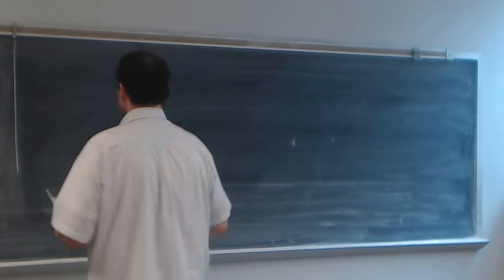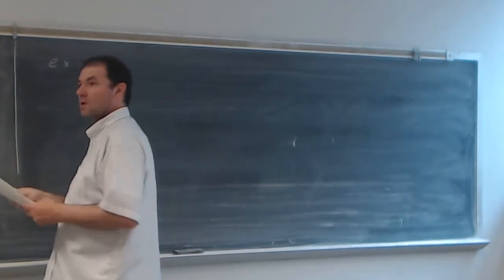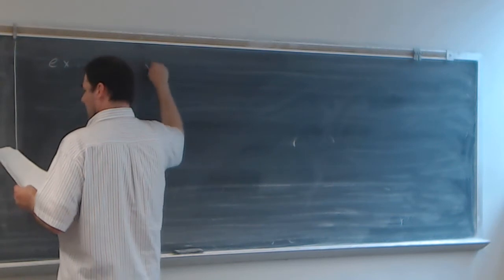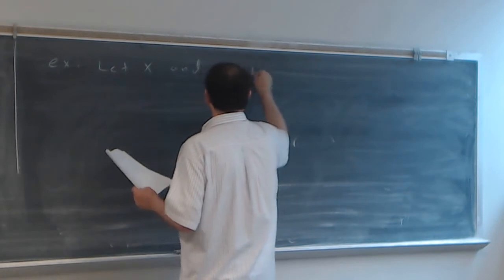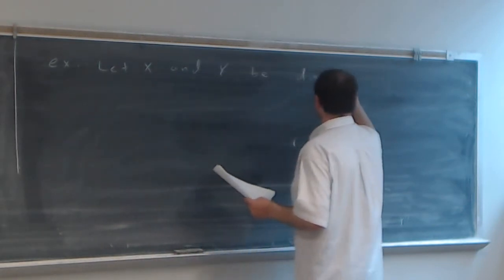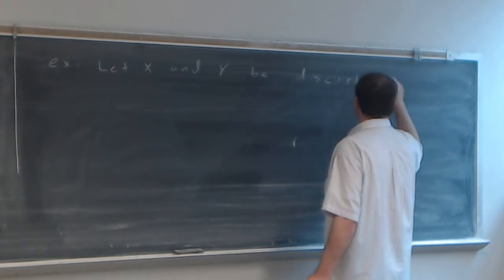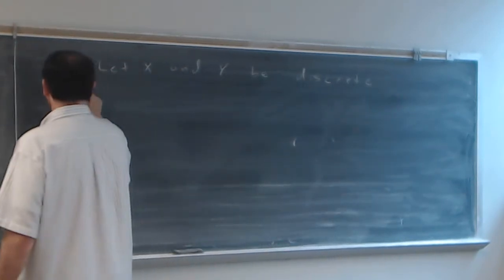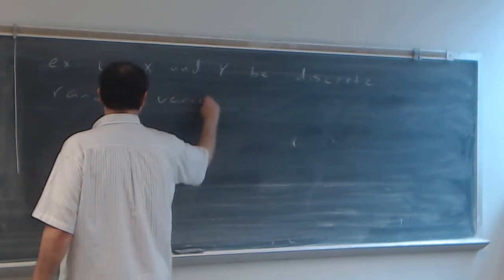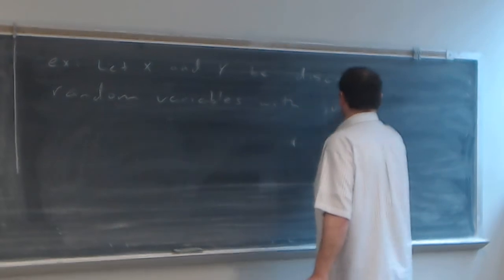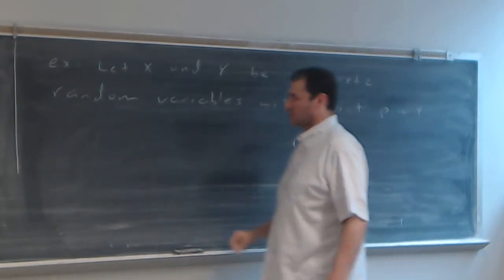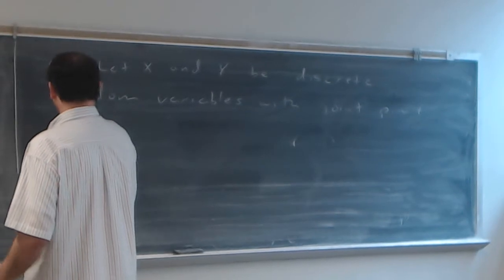So as an example, we're going to let x and y be discrete random variables with joint PMF given by the following table.